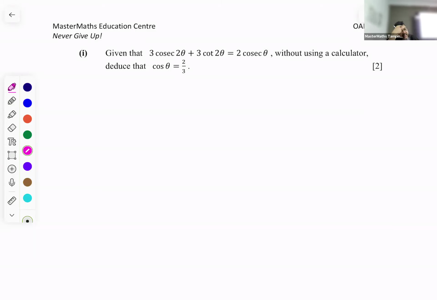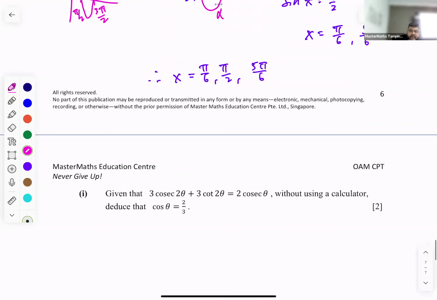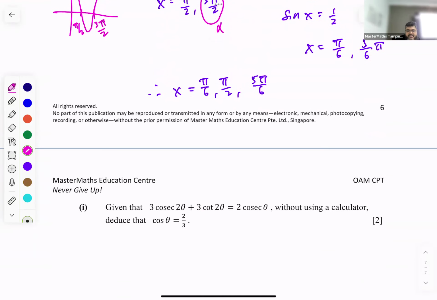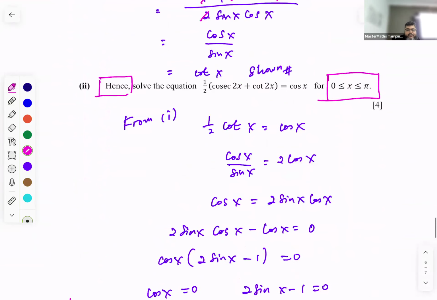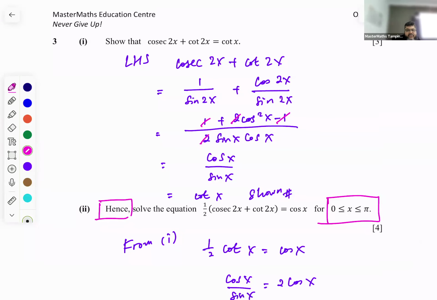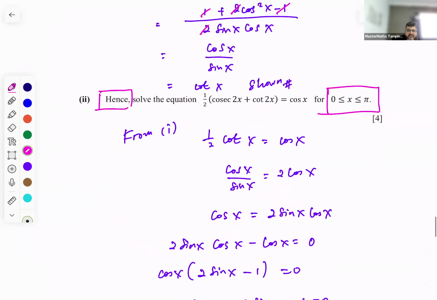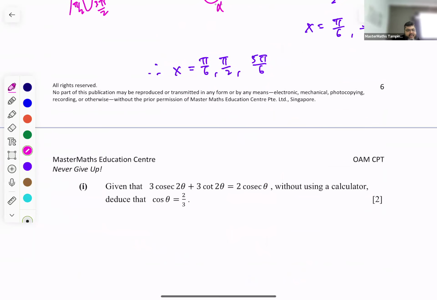Again, this part 2, given that this is this. I already proved that cosecant 2 theta plus cotangent 2 theta is already cotangent theta. So you can see here or not? You must look. Just don't anyhow do. Use whatever is given.